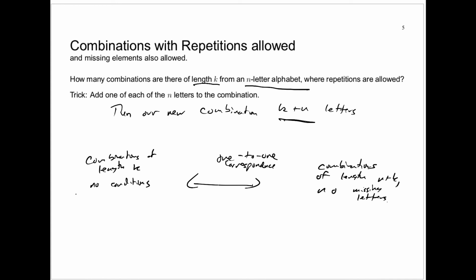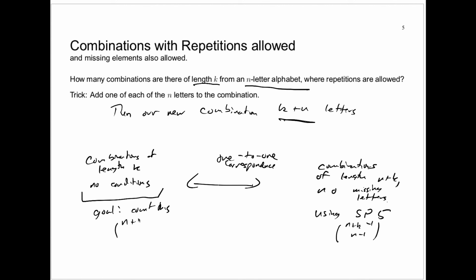And of course, our goal is to count the combinations of length k from the n-letter alphabet with no conditions. Using standard problem number 5, we can find the number of combinations of length n plus k with no missing letters, and that's just n plus k minus 1, choose n minus 1. So the number of combinations of length k, repetitions allowed, but no other conditions, is just the same thing, which is n plus k minus 1, choose n minus 1.